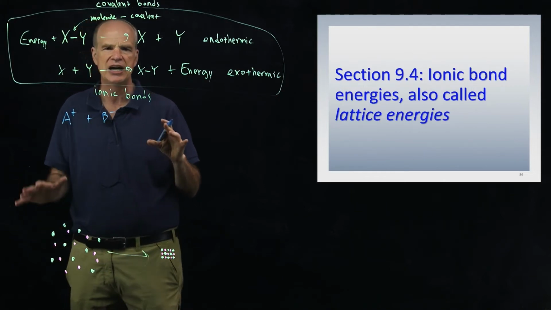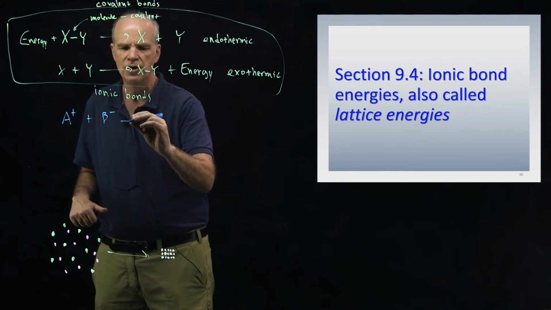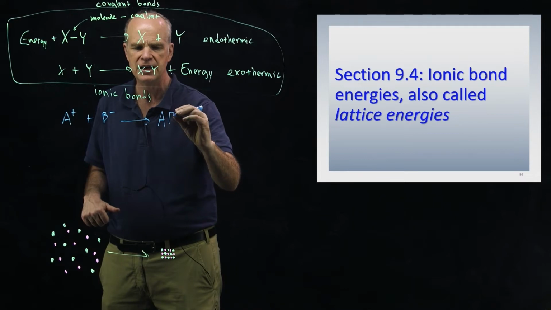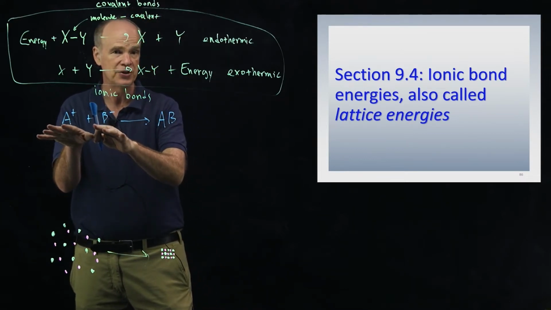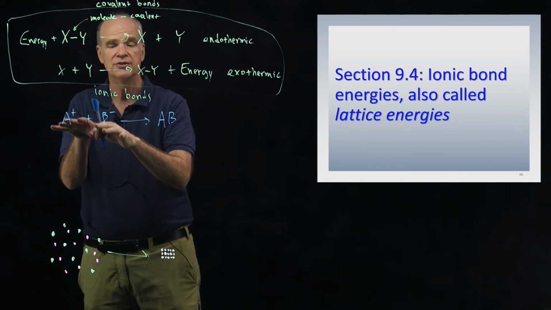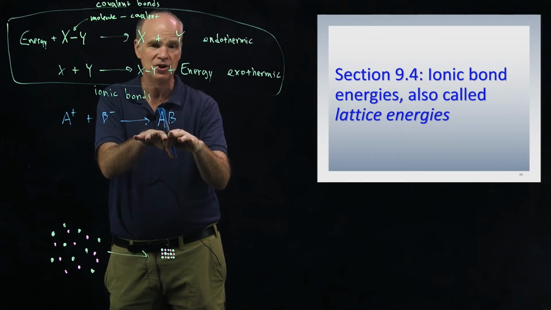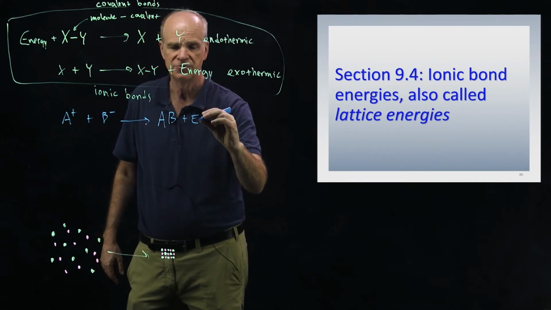Let's say these ions are freely floating in space. If you bring them together to form the ionic compound AB, because the free ions have high potential energy and the ions bound together have low potential energy, we would expect energy to be released in this process.